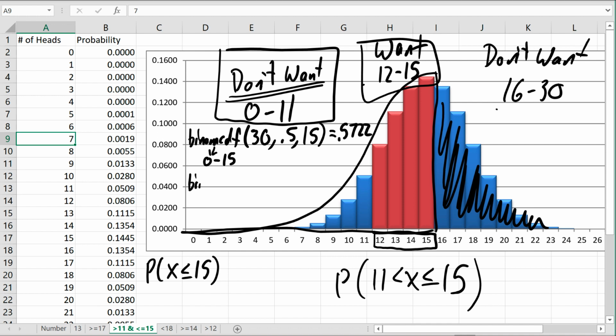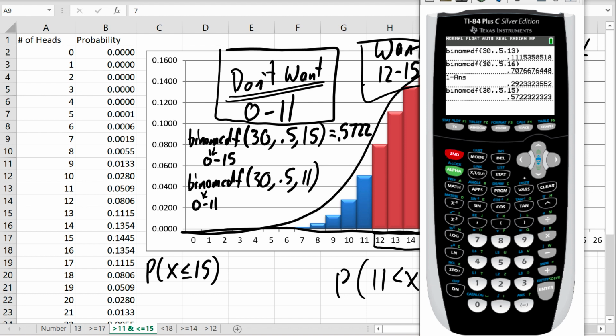That's going to be BinomialCDF, 30, 0.5, and 11. Okay, so again, we don't want to put 12 there because we're going to eventually subtract this out. So we're subtracting out things we don't want. So this is finding us 0 through 11. All right, so let's find that.